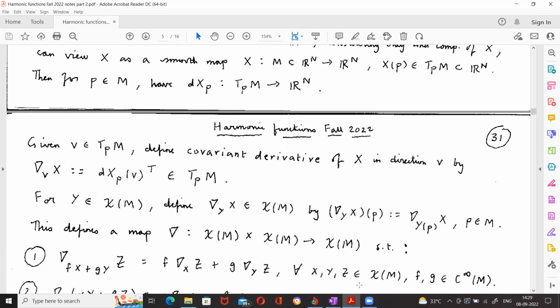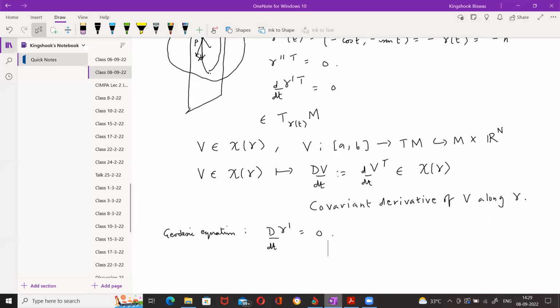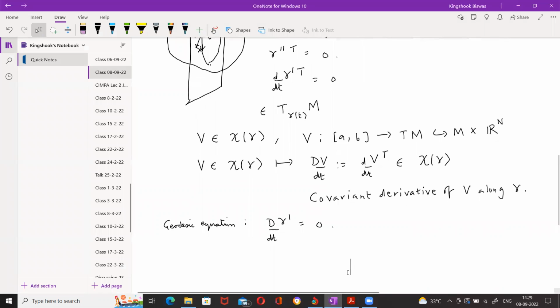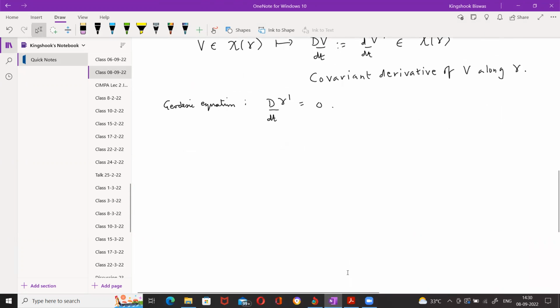Right. So you have your vector field on the manifold. The vector field is tangent to the manifold everywhere.